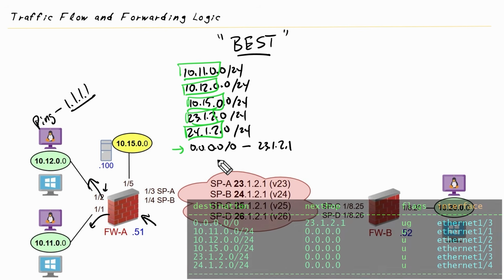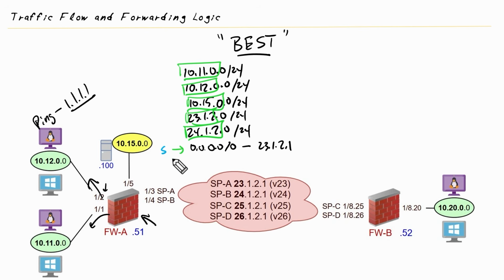However, let's add some more static routes. This is a static route, and let's add two more, just in theory here. Let's add a route for 1.0.0.0/8 and 1.1.0.0/16.